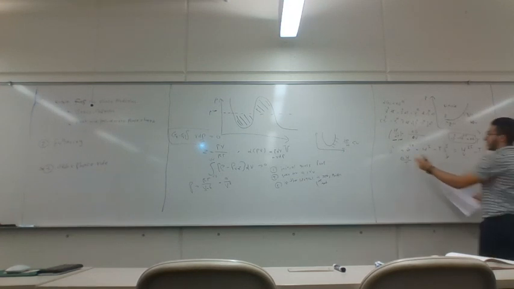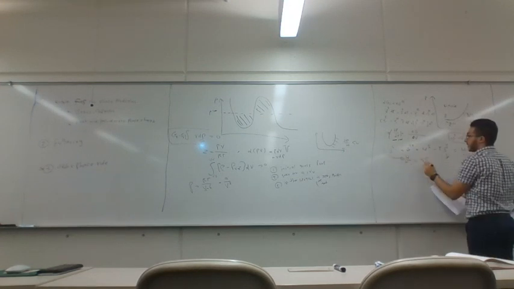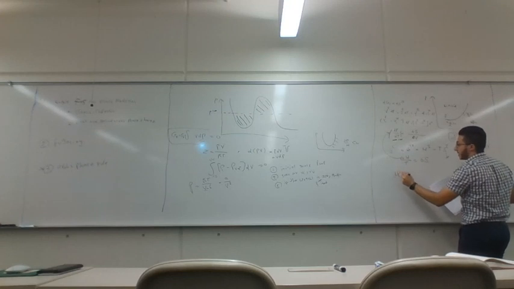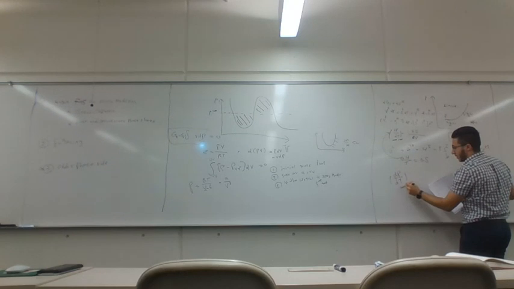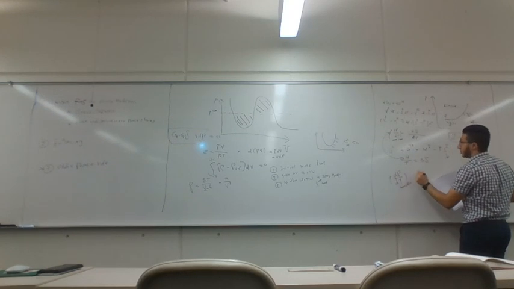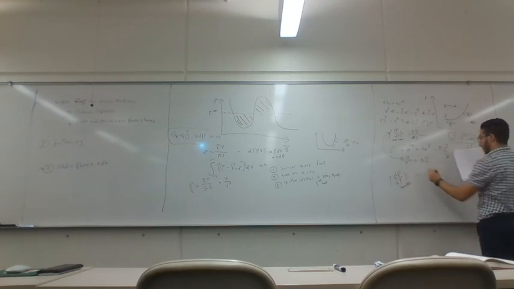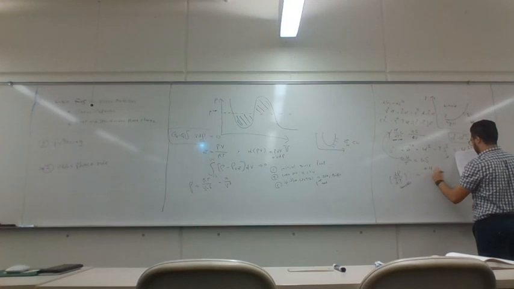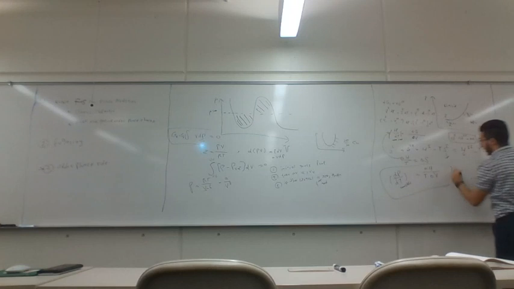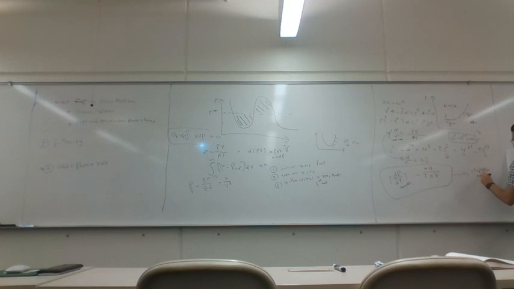I will substitute the value of delta H instead of delta S here. So we have dP/dT equal to delta H over T delta V. We call this the Clapeyron equation.